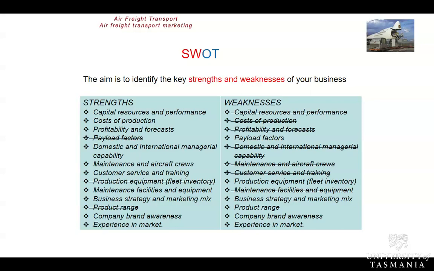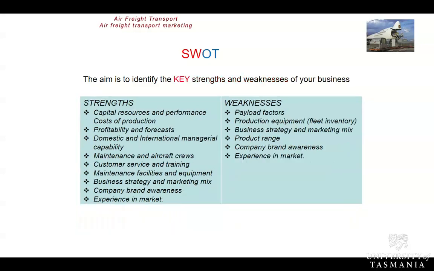And you're going to filter out all those characteristics that you don't believe are in weaknesses. What you'd be hoping is something like this particular scenario, where you've got more strengths than you have weaknesses. If you had more weaknesses than you had strengths, then you've probably got something to worry about as a business.